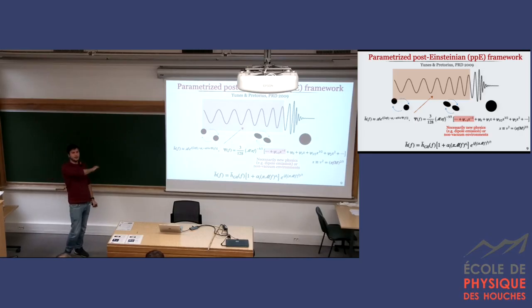You constrain the phase evolution very well, but these parameters are highly degenerate with, for example, calibration errors. So in general, you don't consider them, but you could add them if you wanted.